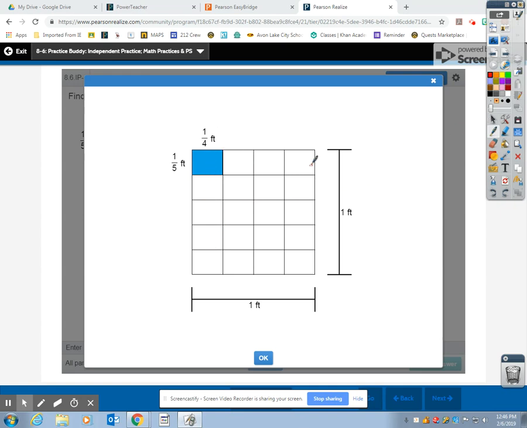I am going to shade in 1/5 of my shape, and then I shade in 1/4 of my shape, and I look for the overlap, which you'll notice is that blue section right in here. We are trying to figure out what part of this entire single shape is that blue piece.